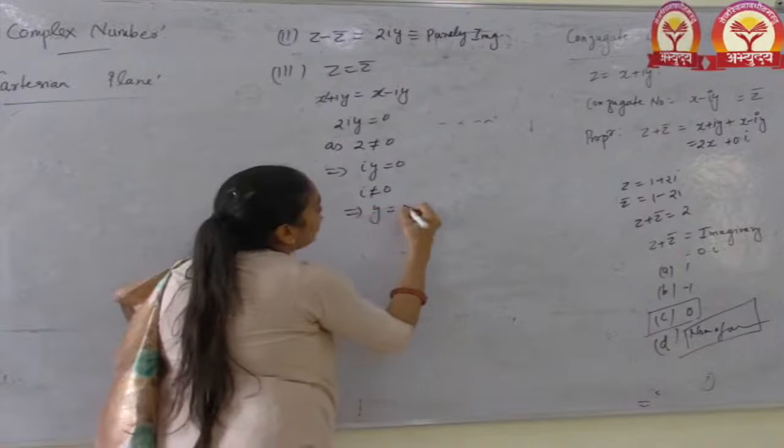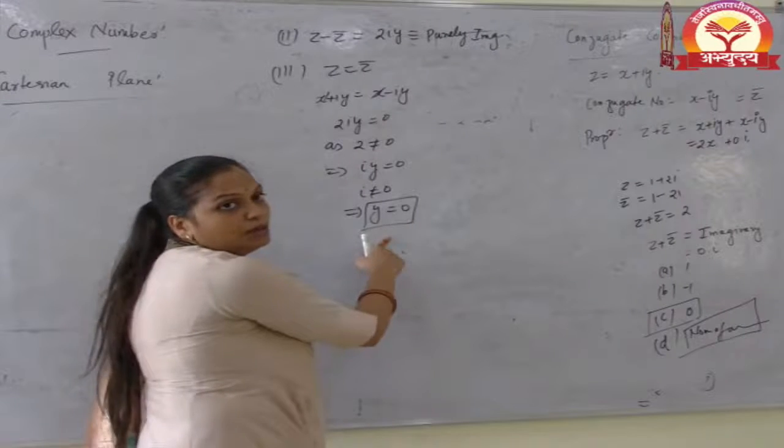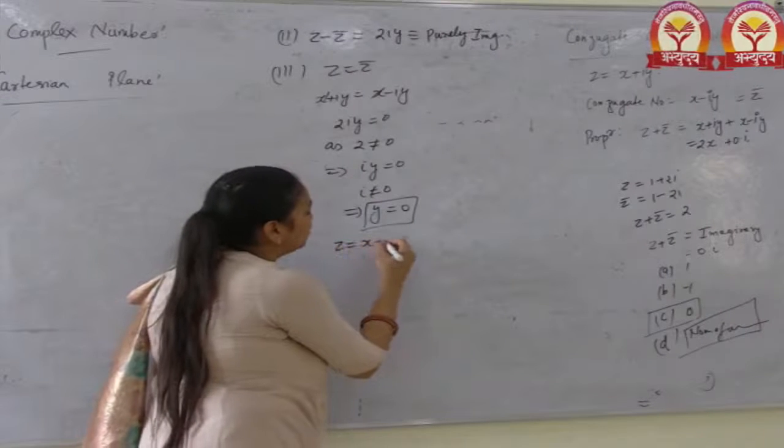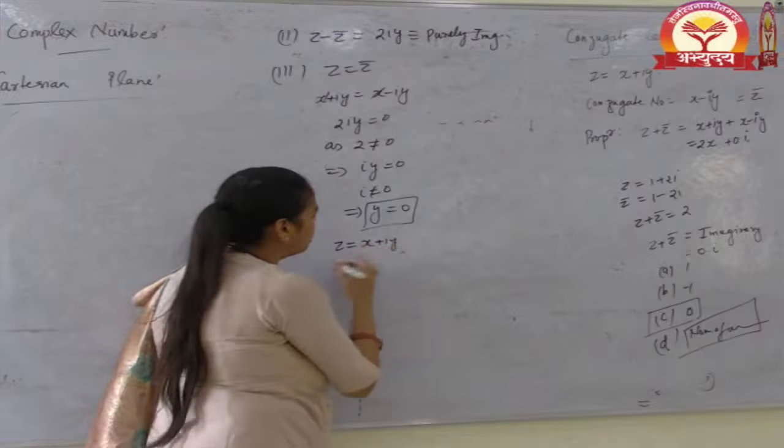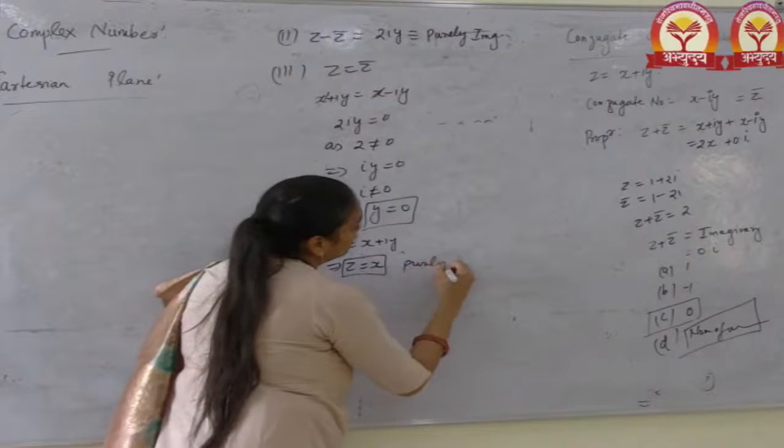This implies y should be 0. There should be condition for this कि y should be 0. And in any complex number, if iy is equal to 0, तो this implies z is equal to x, यानी कि purely real.